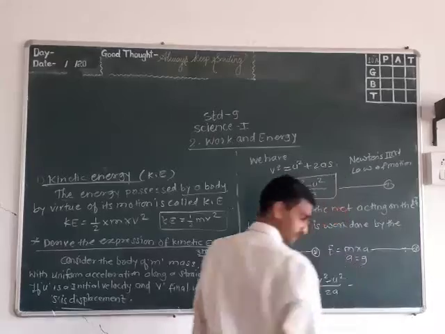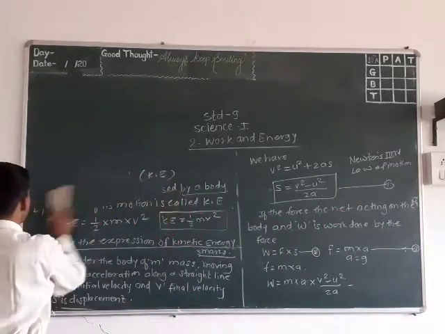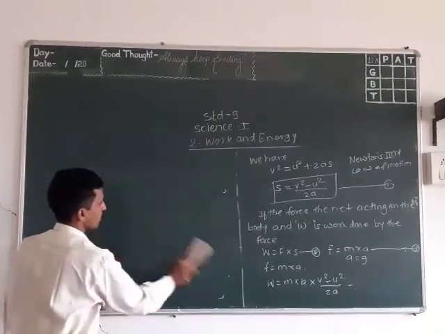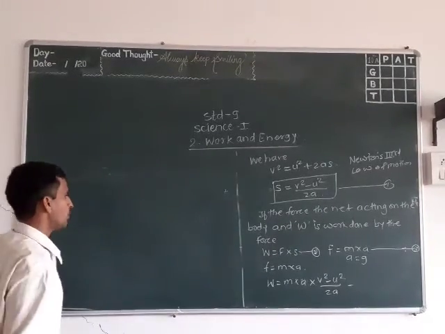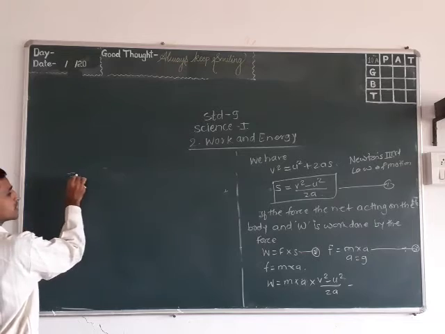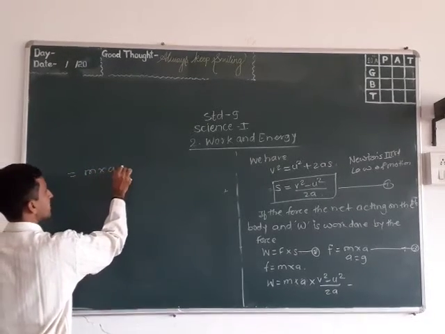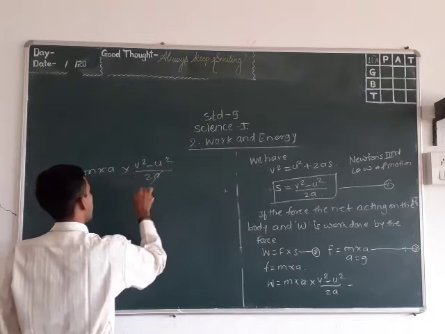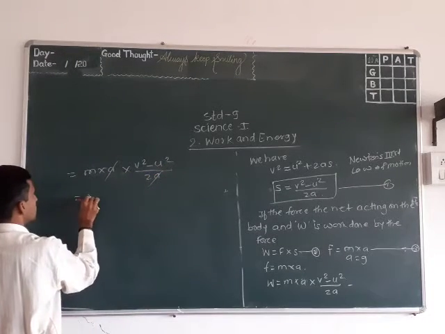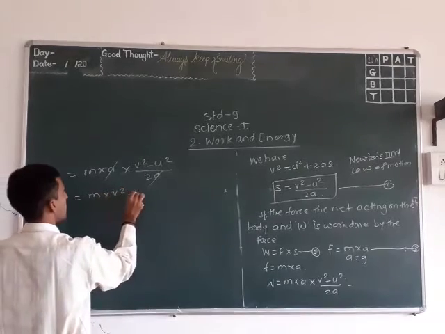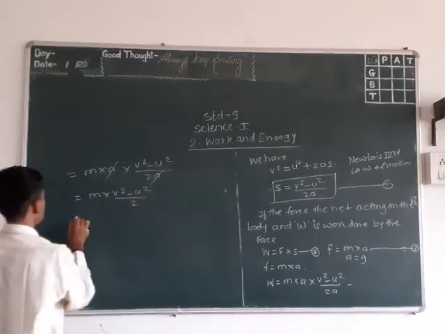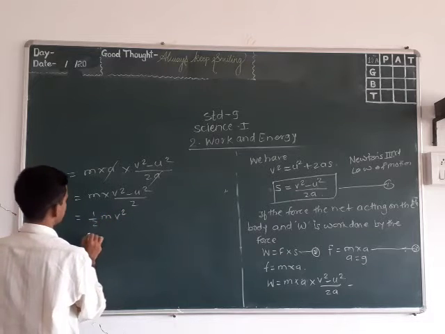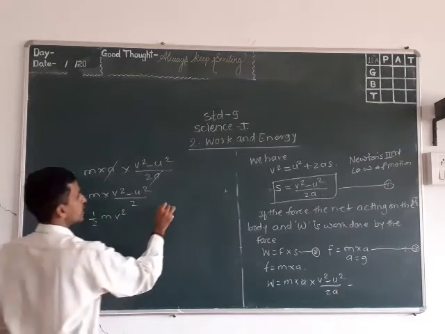W is equal to m into a multiplied by v square minus u square upon 2a. A and a cancel, so W is equal to m multiplied by v square minus u square upon 2, which is half mv square.